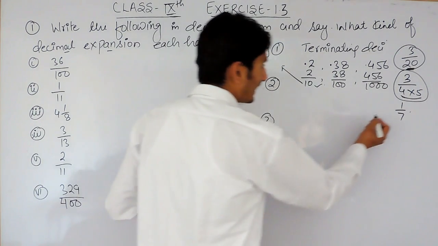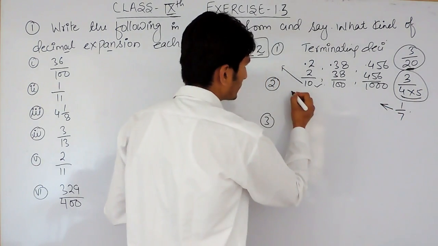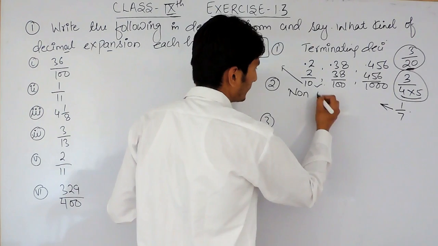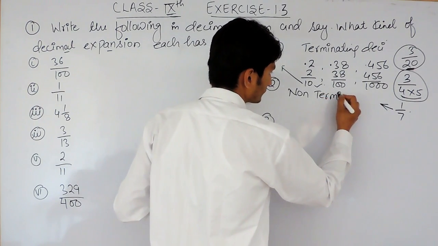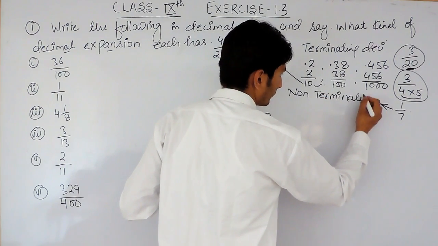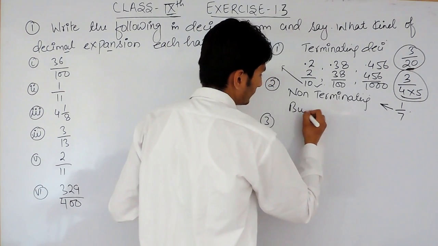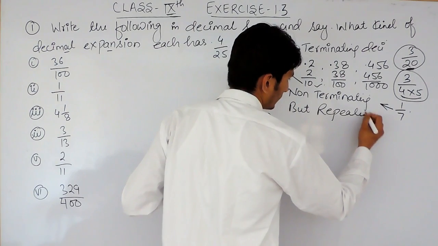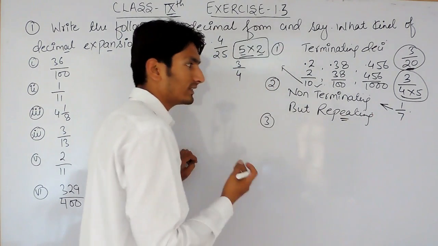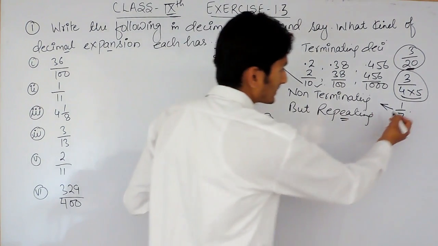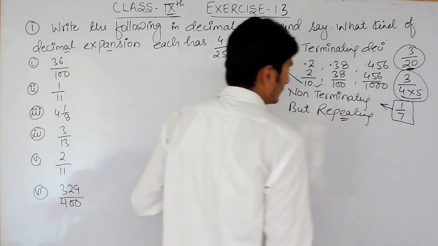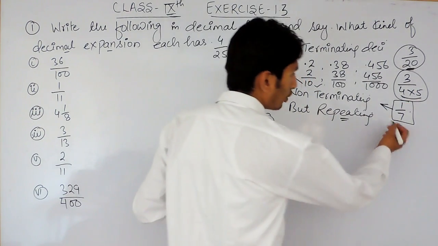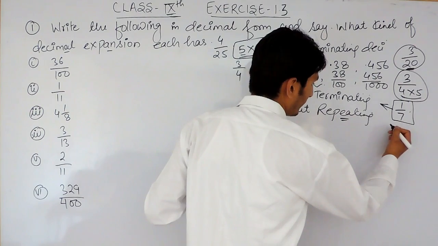So this is the second kind of decimal, known as non-terminating but repeating, or instead of repeating you can say recurring. If I solve this, I'll get my answer.